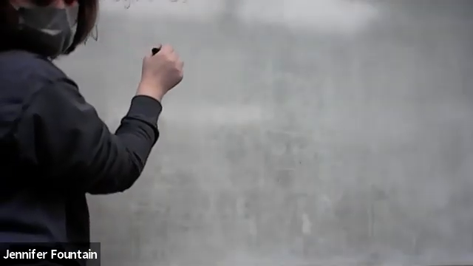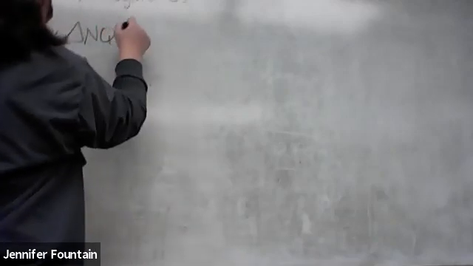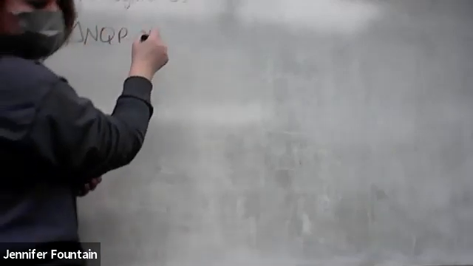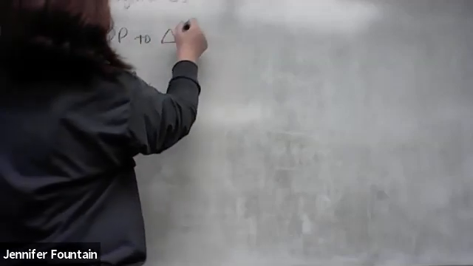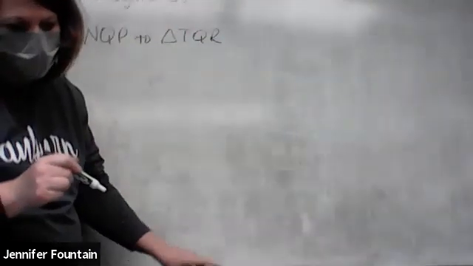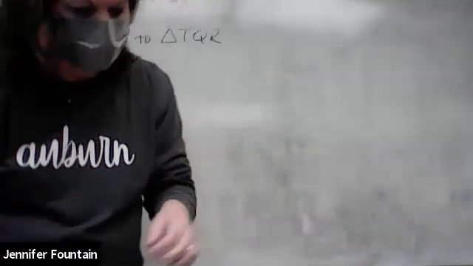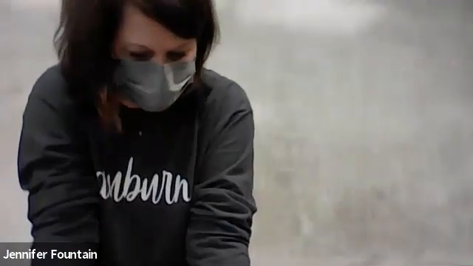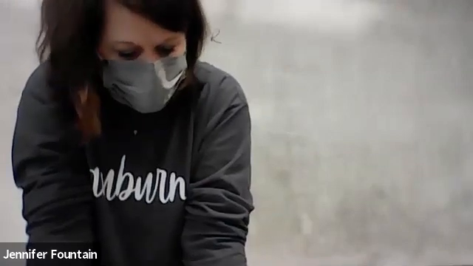So we have triangle NQP to triangle TQR. When we're looking at corresponding sides, what did we say NP was?